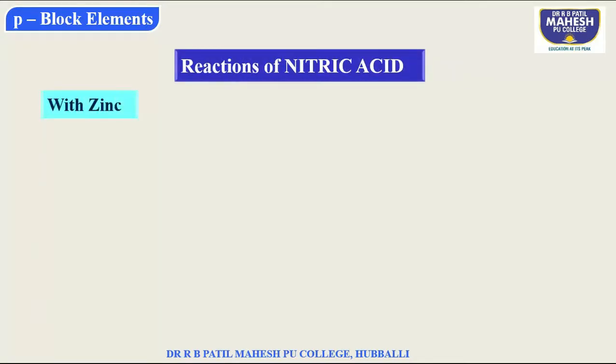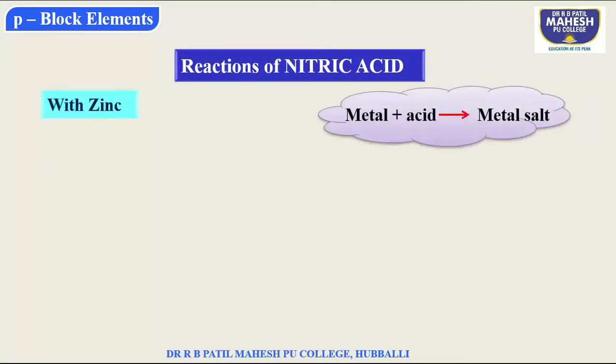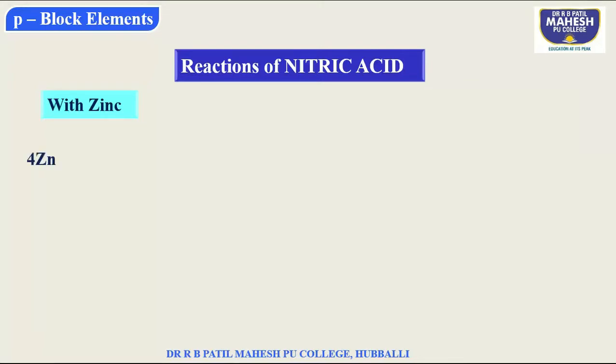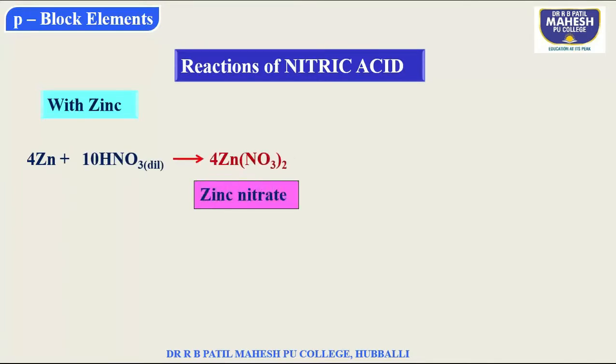Reactions of nitric acid with zinc. When nitric acid reacts with zinc, we are going to get zinc nitrate and N2O, nitrous oxide, also called laughing gas, along with water.